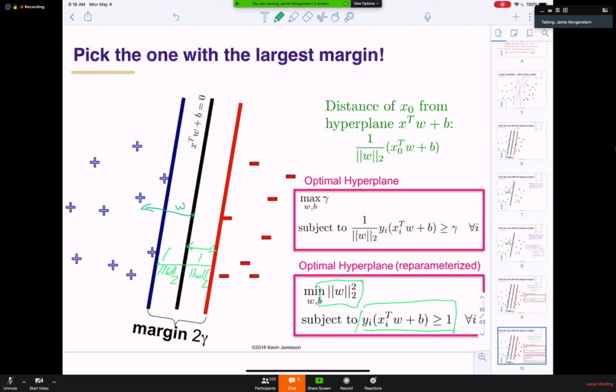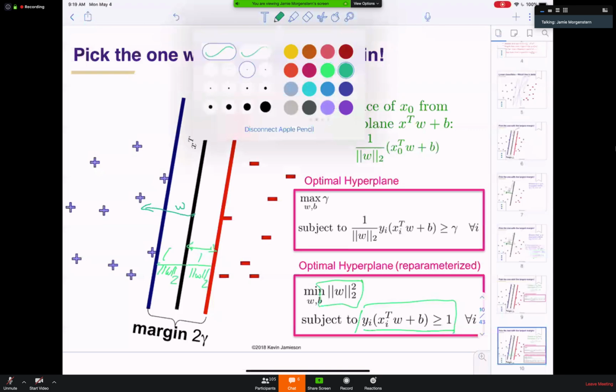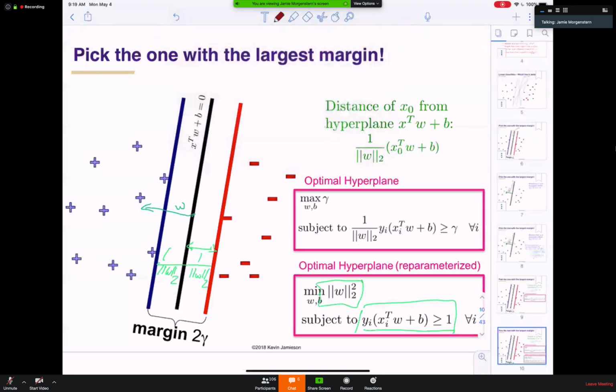The simplest of which is that this formulation has one fewer variable, so one fewer degree of confusion. And it's explicitly just saying what we want is a short vector that separates our data points and keeps some distance between them.